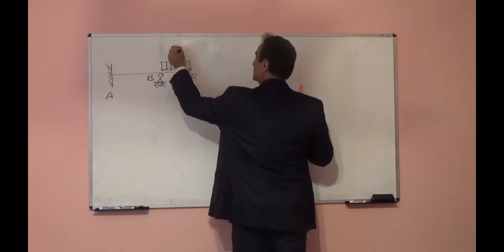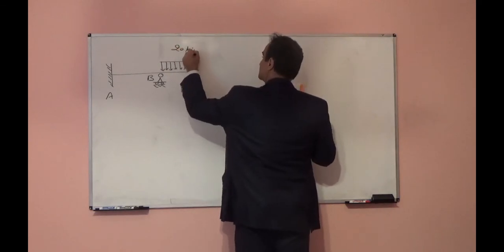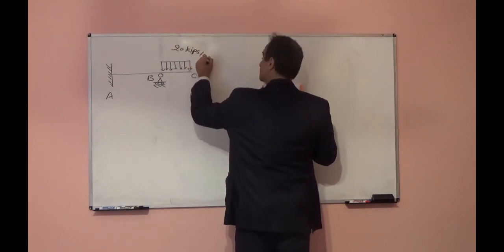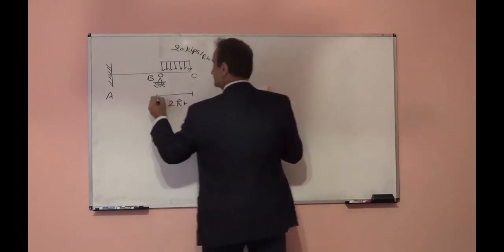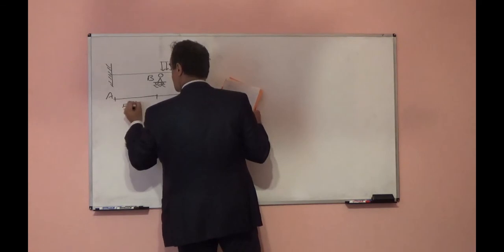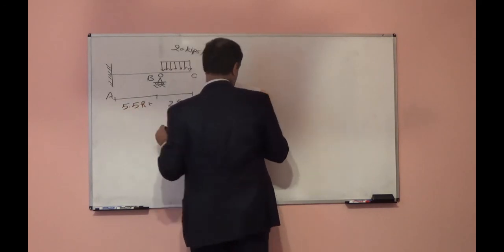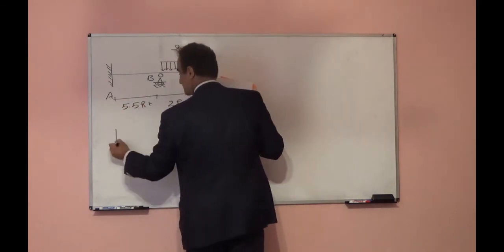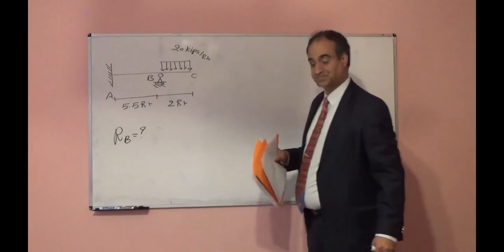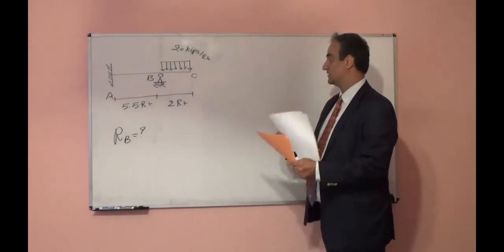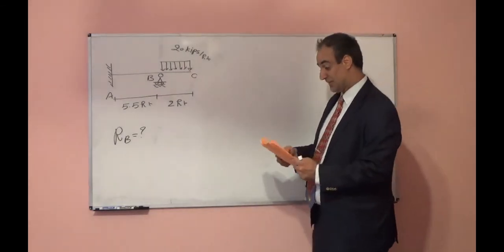Intensity of load is 20 kips per feet, 2 feet, 5.5 feet. The problem statement says find the reaction at point B. What is the reaction at point B? Again, it is a very simple problem.